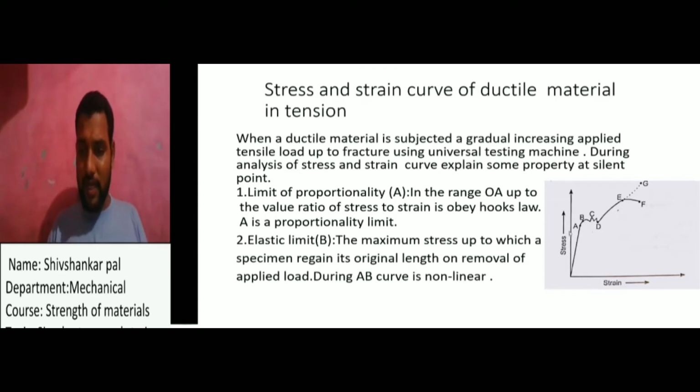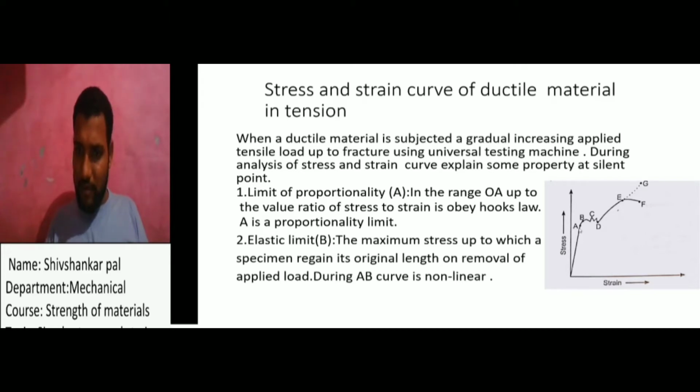What is the proportionality limit? In UTM testing of the tensile material, when I apply a load and the stress increases from here to here, the strain also increases from here to here.